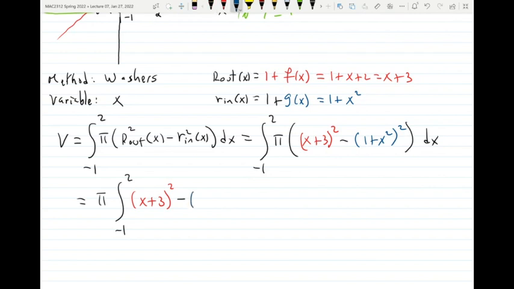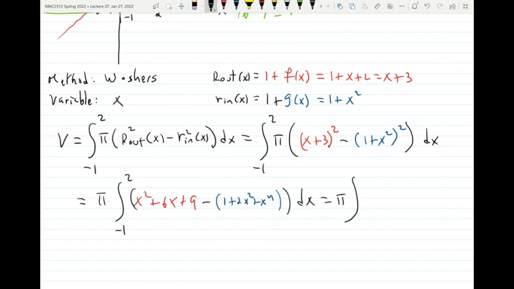We're already getting a big expression here. Let me just keep it simple. So I'm going to expand, just to keep it simple. And this is 1 plus 2x squared plus x to the 4.